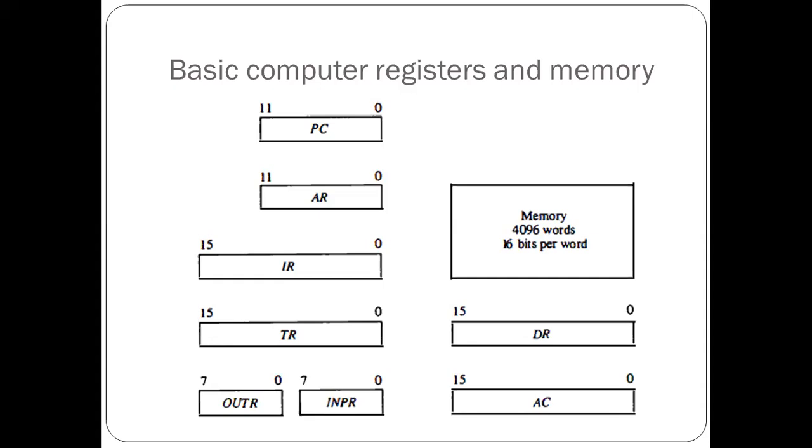So a more efficient scheme for transferring information in a system with many registers is the use of a common bus.